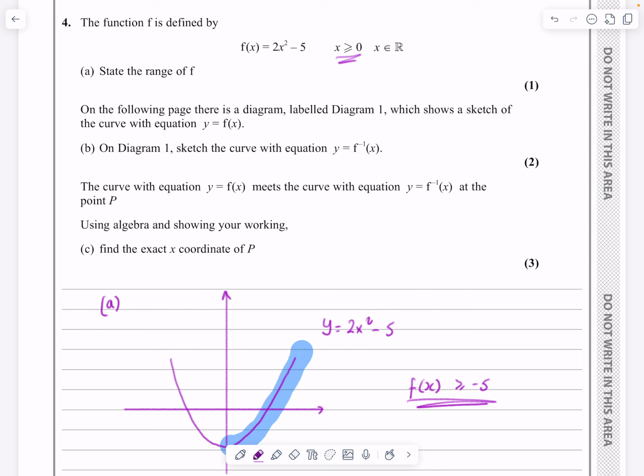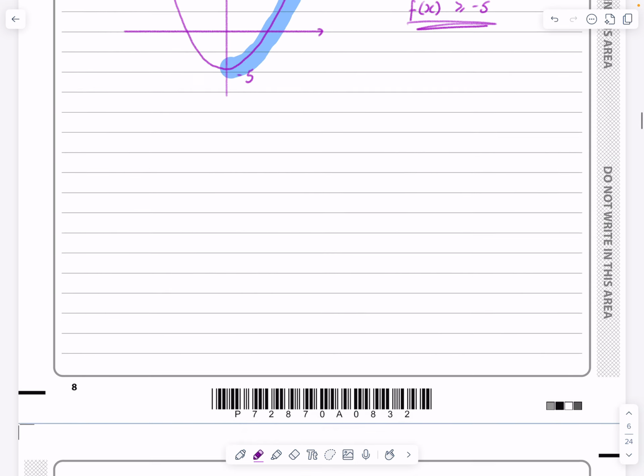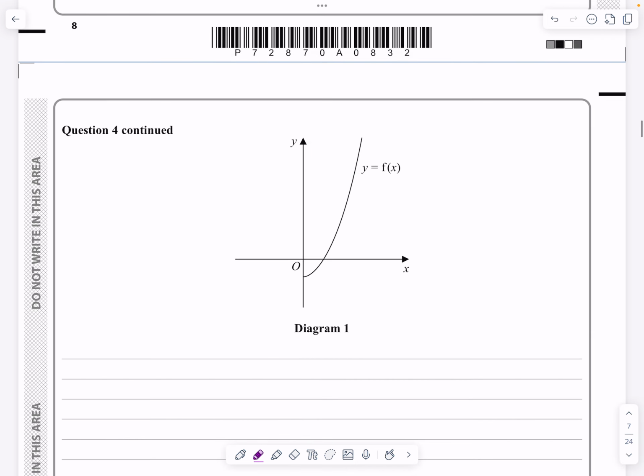Part B then says, on diagram 1, there's a diagram just a little bit lower down, sketch the graph of y equals f to the minus 1 of x. So here's B, and it's saying, if there's f(x), can we sketch f to the minus 1 of x?